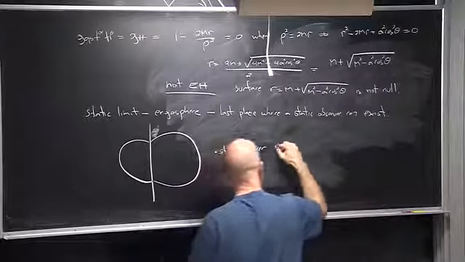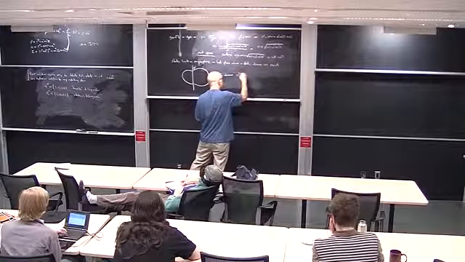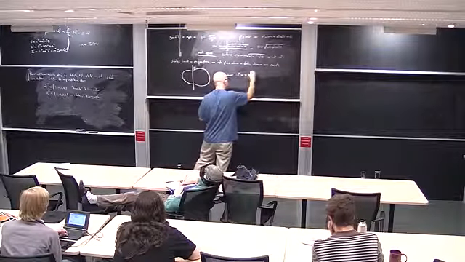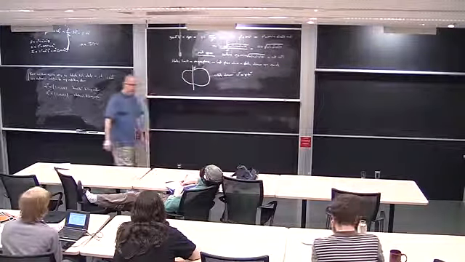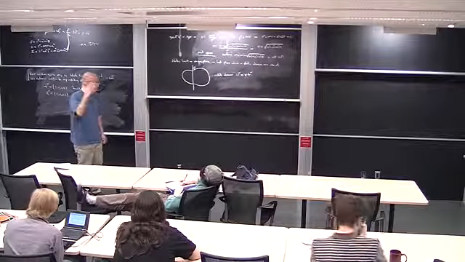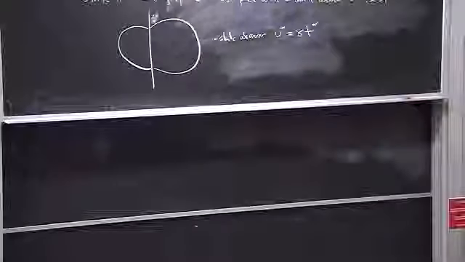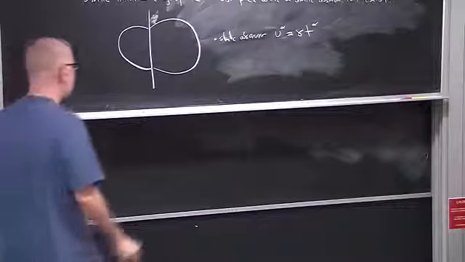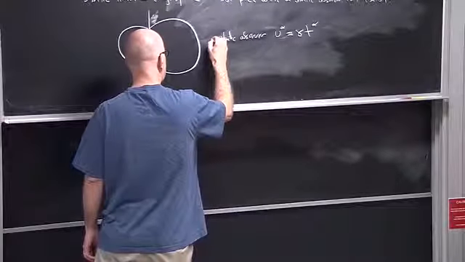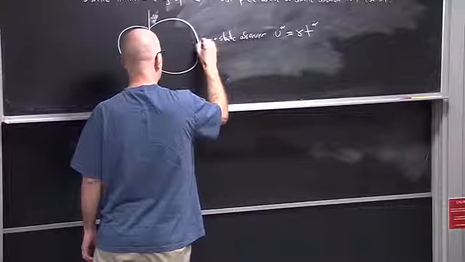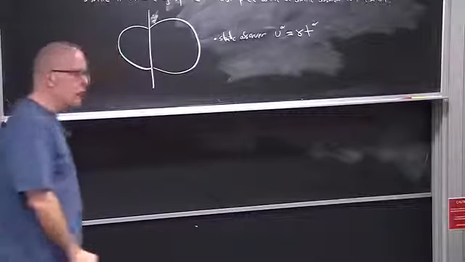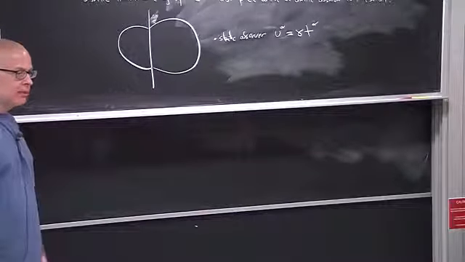And a static observer would be such that the four-velocity would be a normalized version of the time-like Killing vector. So a static observer, again, is an observer that's going to be aligned with the time-like Killing vector. But a static observer, as you bring the observer in, would have a harder and harder time maintaining a static world line.